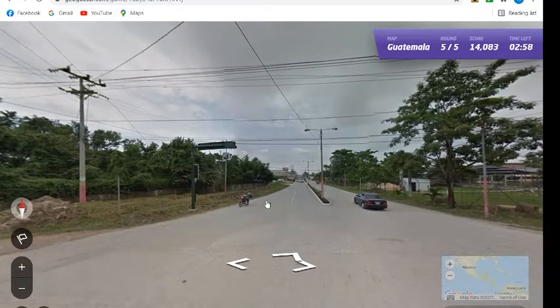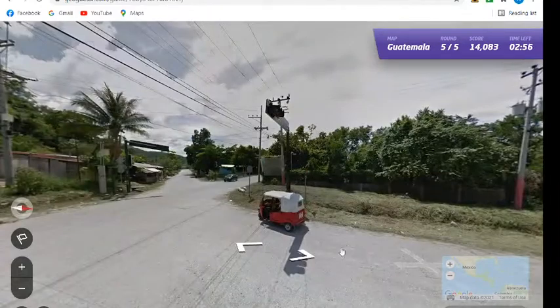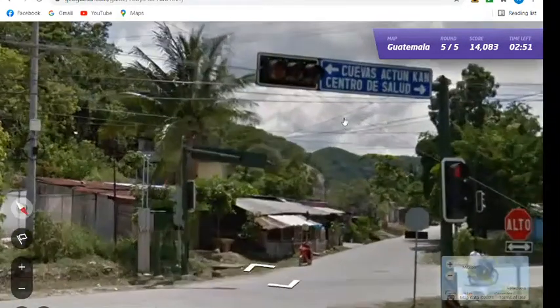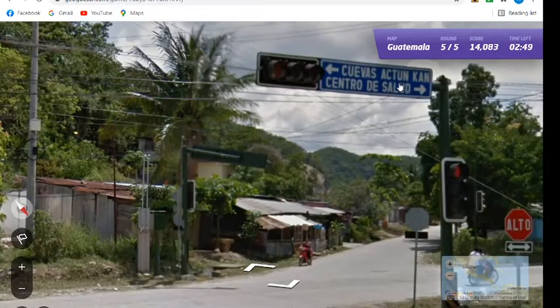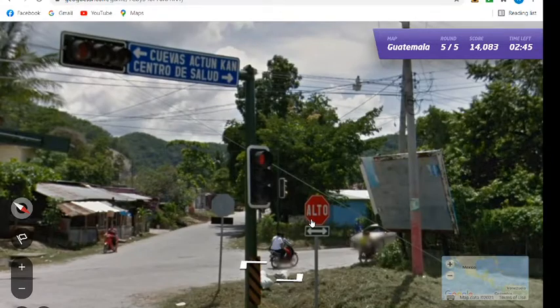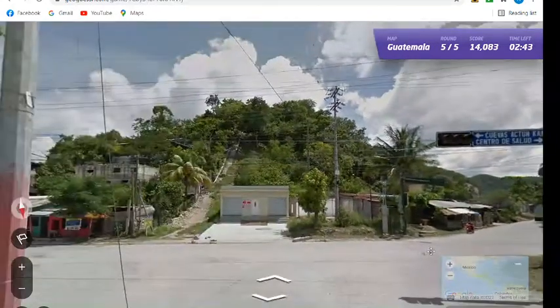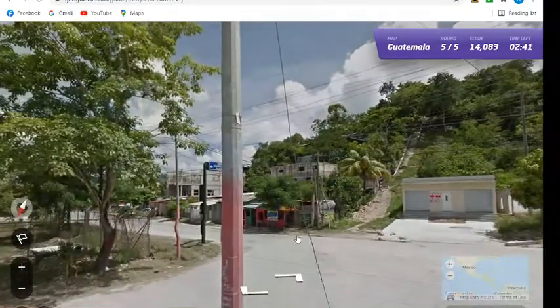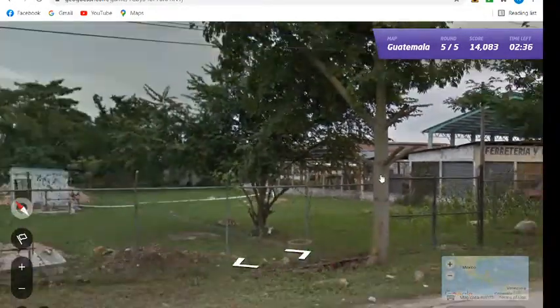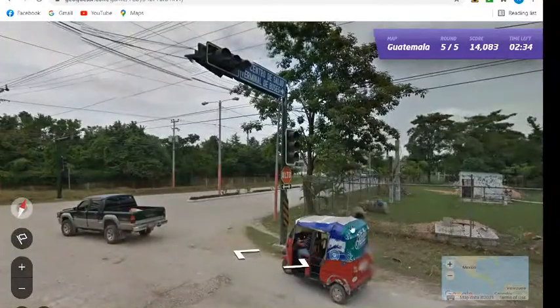Okay, yeah, there was one of the red tuk tuks again. We have Cuevas Actun Khan. That looks like a Mayan name. Yeah, there's the red tuk tuk.